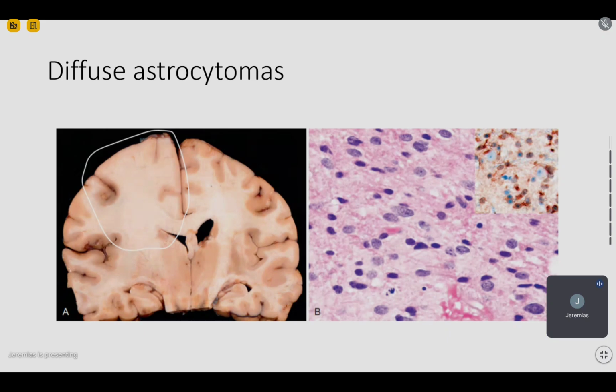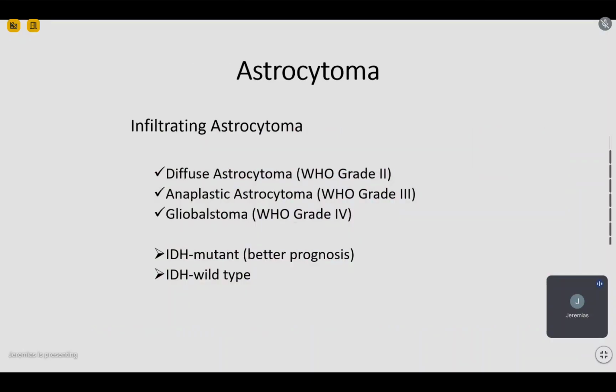At your level, I don't expect you to appreciate the very detailed microscopic description of diffuse astrocytoma. This classification is enough. Once you see the word anaplastic, usually it is already WHO grade 3.